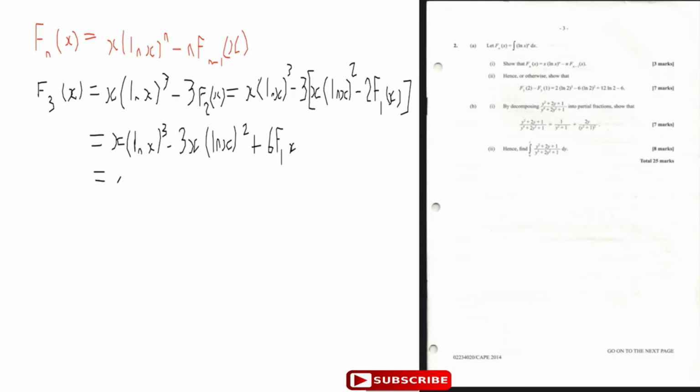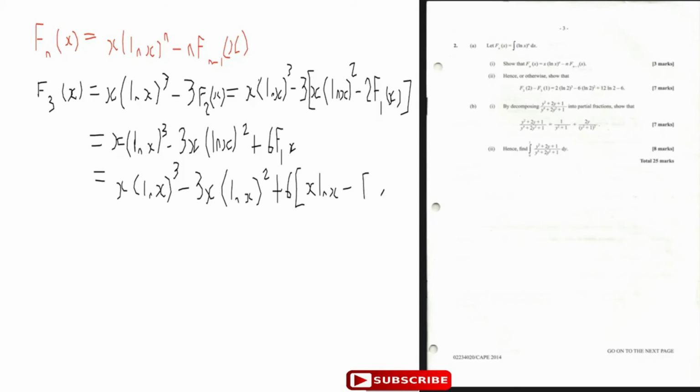Finding out what is f1 of x, it's going to work out to be x times ln x cubed minus 3x ln x squared plus 6 times f1 of x, which is replaced with n equals 1, so it's x ln x minus 1 times f naught of x.